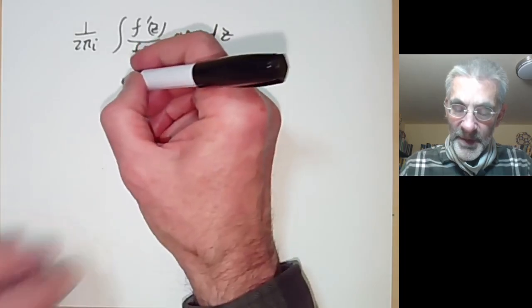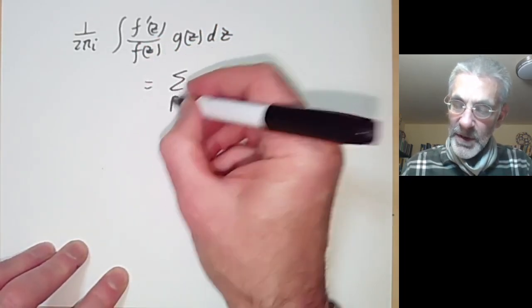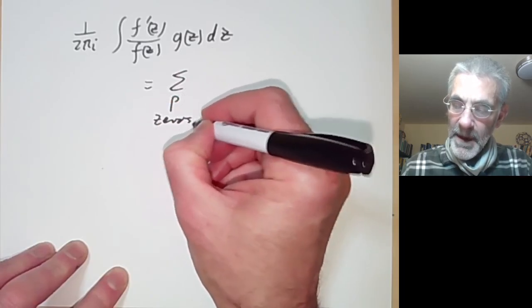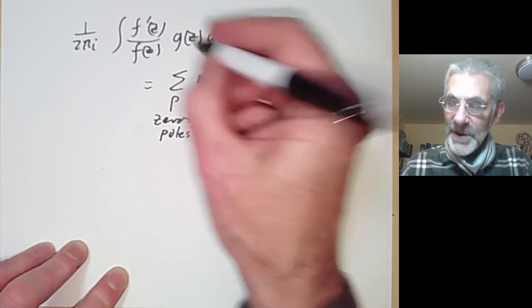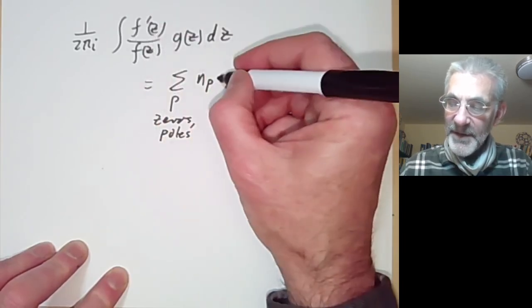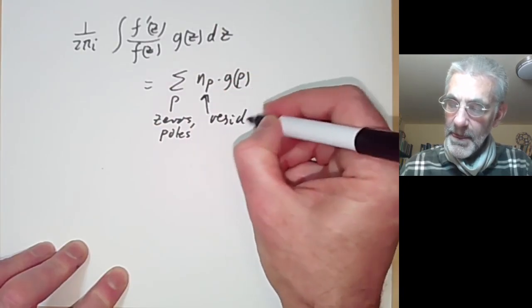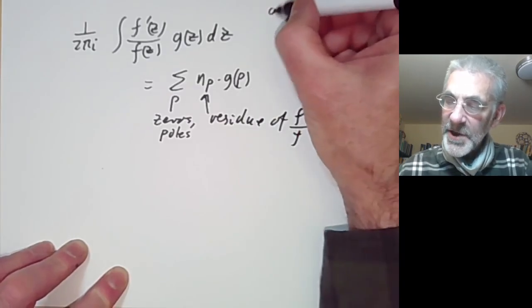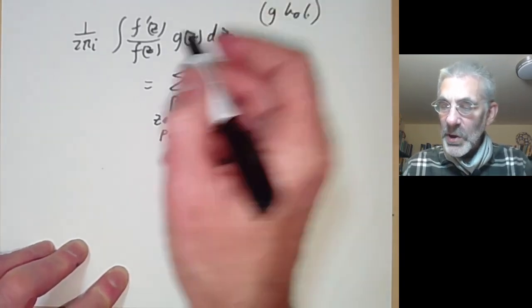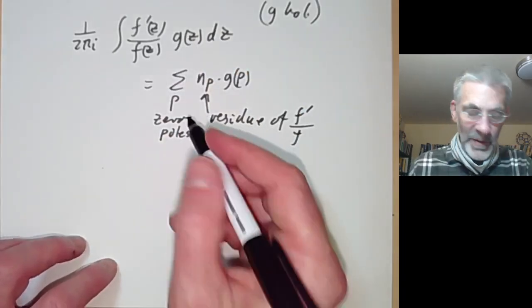Well, again, we can work out this using the residue calculus, and it's the sum over all zeros and poles p of n_p, which is the residue of f prime over f, times g of p. And this is provided g is holomorphic. If g is not holomorphic, you have to take problems with poles of g into consideration.